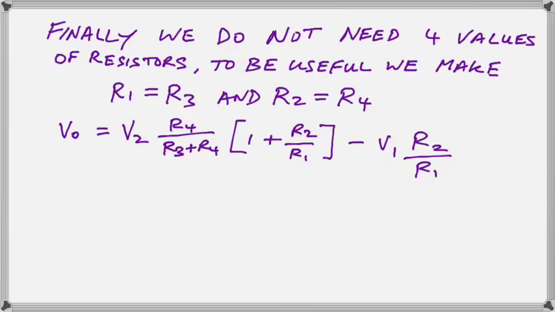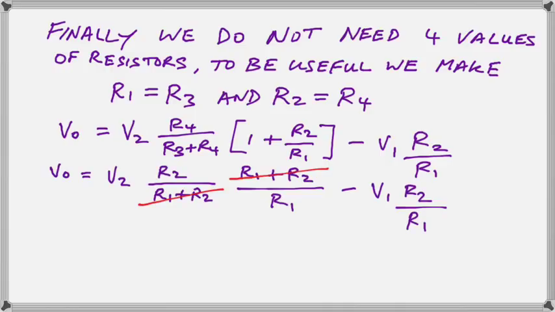Now, when we make R1 equal to R3 and R2 equal to R4, nice things begin to happen to our formula. As you can see there, we have ended up with 2 terms, V2 times R2 over R1 minus V1 times R2 over R1.